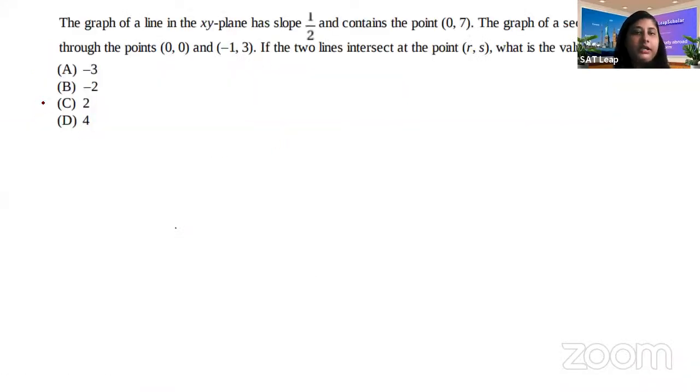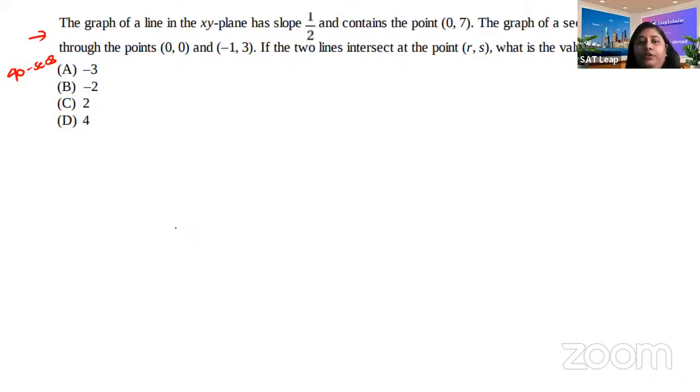There are a few more questions. Can you solve this one? All of you, I'll give you 40 seconds now. So we have to find out the point of intersection.